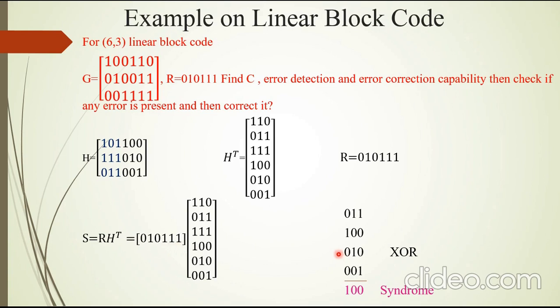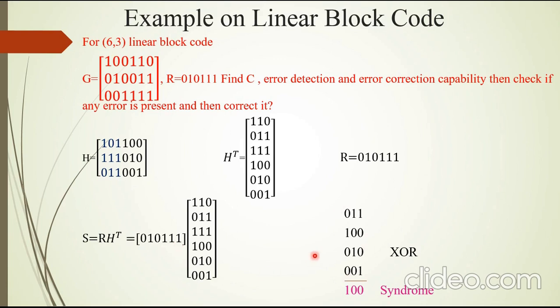So it will be 011 for the second position, 100 for the fourth position, 010 for the 5th position and 001 for the 6th position. Only take these positions because ones are present at the 2nd, 4th, 5th and 6th positions.